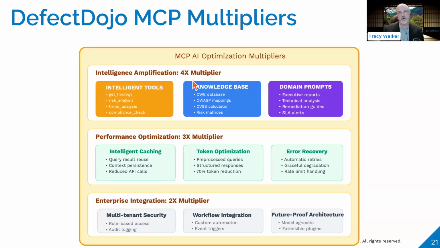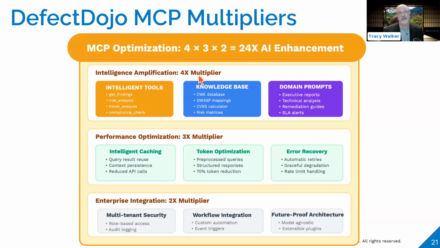If we call this 4, because we're adding a lot of efficiencies here, performance optimization, 2x, 3x, enterprise integration, 2x saves everybody a lot of time, future-proof architecture, ability to add tools and subtract tools very easily because they're coming through DefectDojo. They're not having to be integrated directly into your LLM.